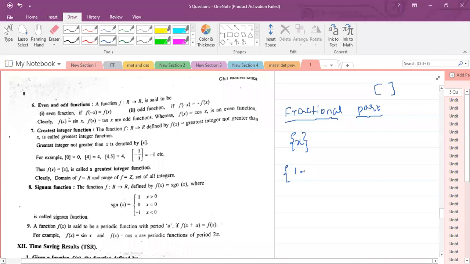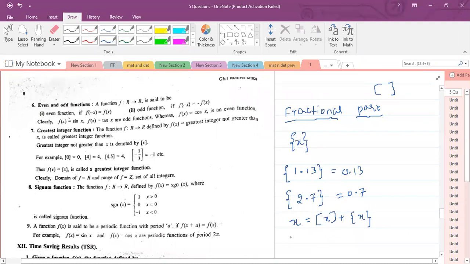If you consider 1.13, the fractional part is 0.13. If you consider 2.7, the fractional part of 2.7 is 0.7. So the best definition for this is x is equal to greatest integer of x plus fractional part of x.